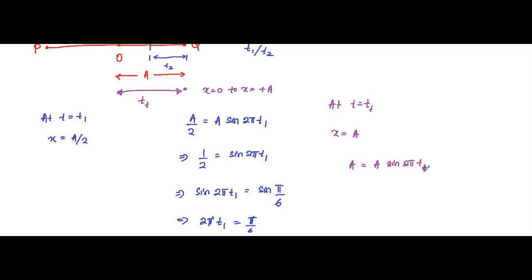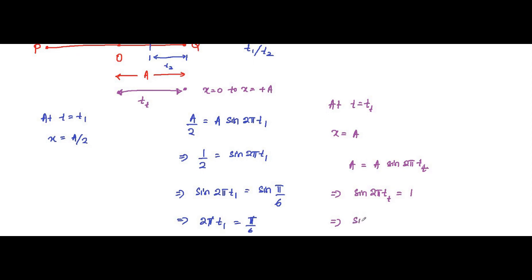That implies sine 2 pi t subscript t is equal to A by A, that is equal to 1. Now in order to equate both these functions, we have to come up with a sine function whose value is equal to 1.